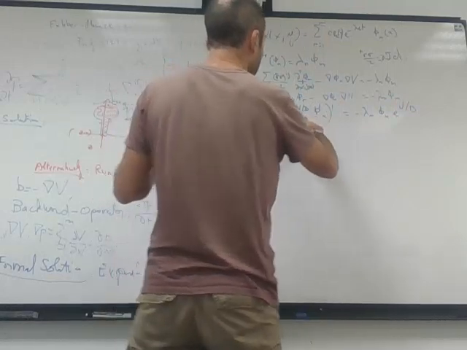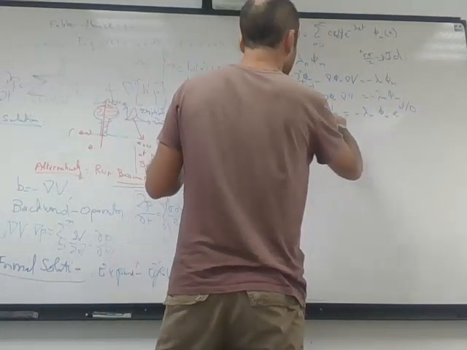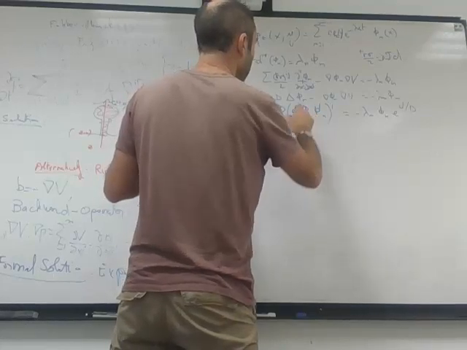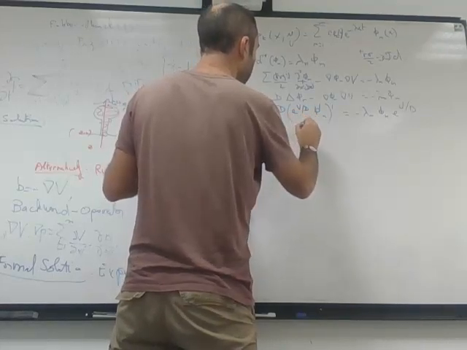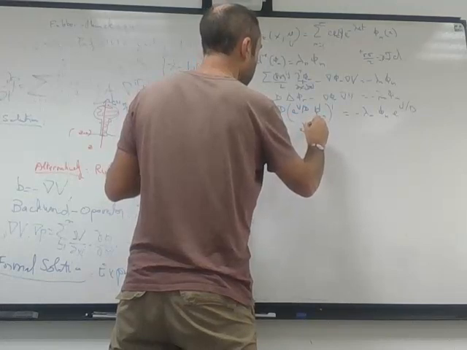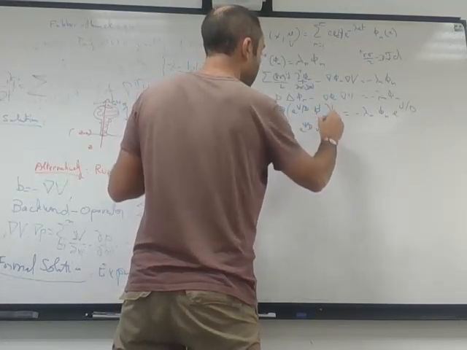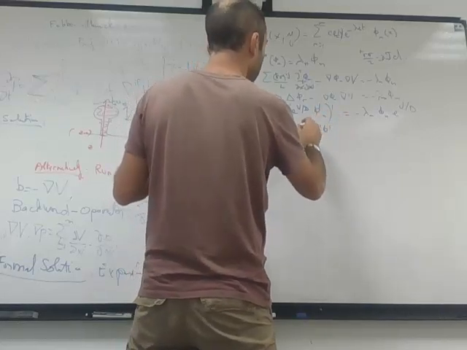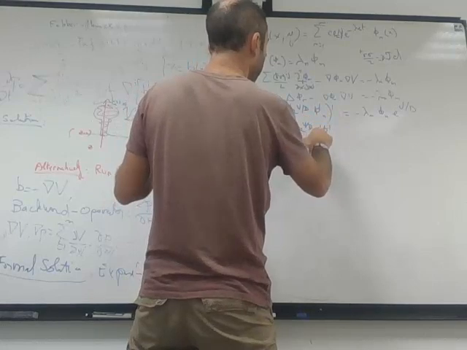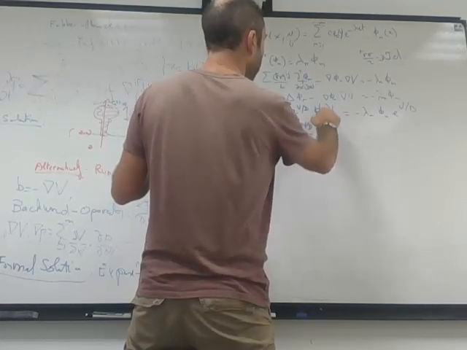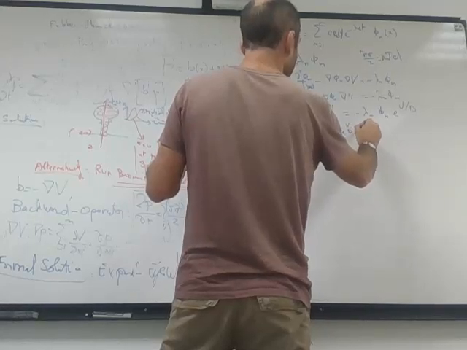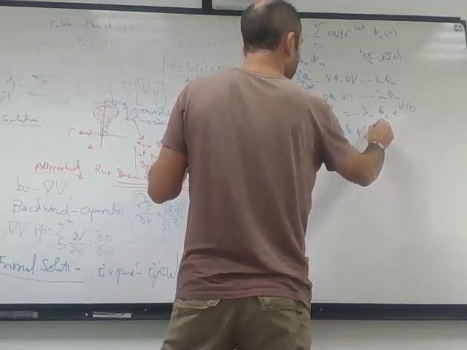If I differentiate this, is this correct? If I differentiate this with respect to V, I get minus D V prime multiplied by phi prime. It's the first derivative. I have to differentiate this, and I have to divide by D. And if I differentiate this one, I have plus exponential V divided by D phi second_n.